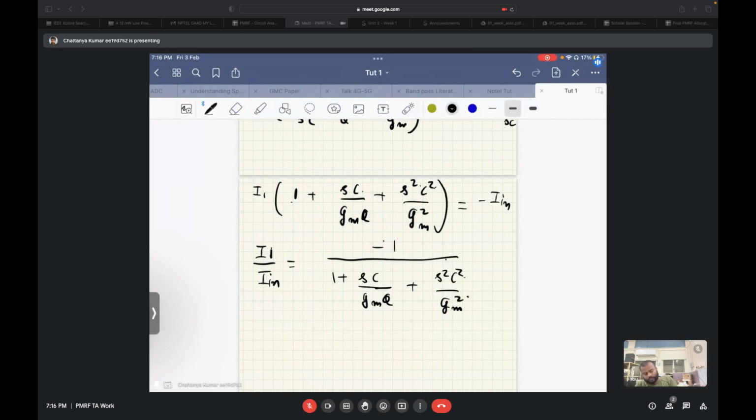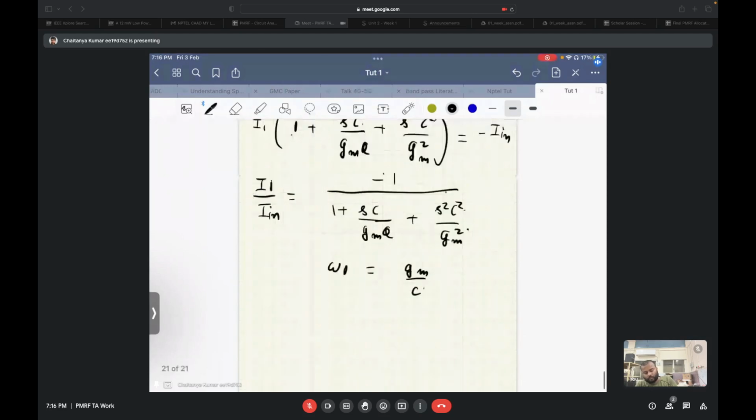As we mentioned initially, omega naught is equal to GM by C. If we consider that, then I1 by I in is equal to V naught by V in. So if we give input as V in, we get output here as V naught.